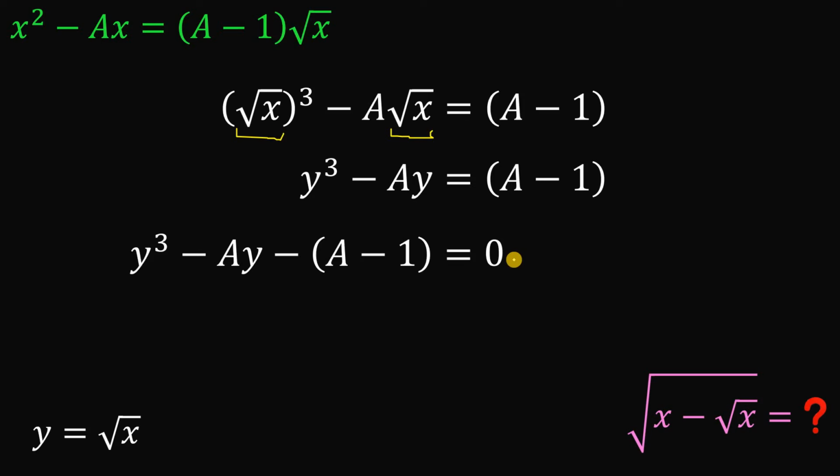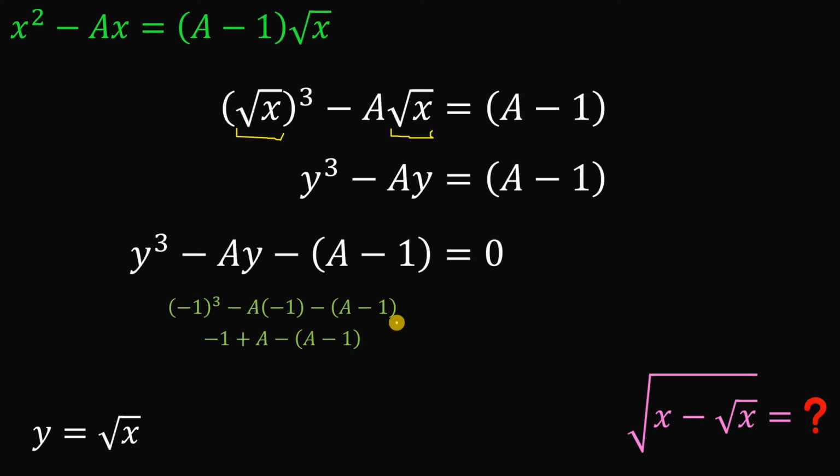Now notice, what if we replace y with negative 1? Now one thing to notice here is if you replace all of y with negative 1, negative 1 cubed is negative 1 for sure. Negative a times negative 1 is positive a.